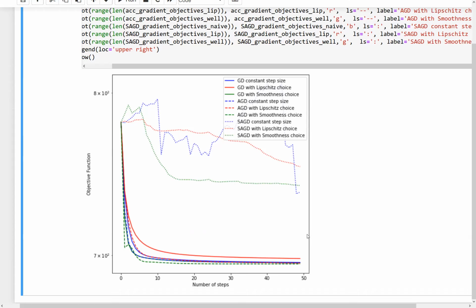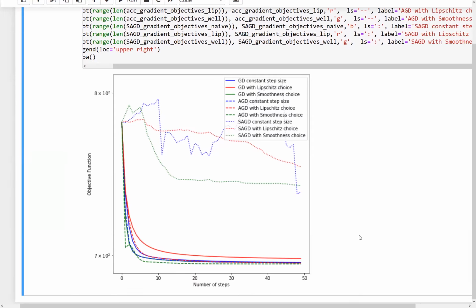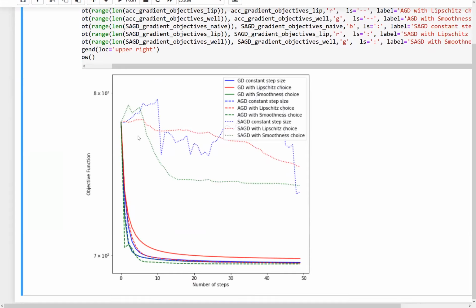But then the plots are kind of uninteresting. We would still see the gap between the full gradient versions and the stochastic ones. In the end, it will converge. It will take time, but it will converge.